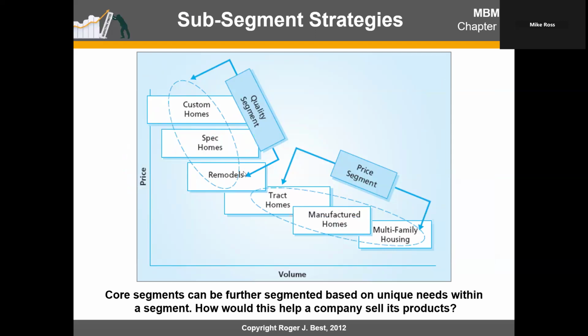Again, if we go back to siding here, we were looking at this more price insensitive, this quality segment. Where am I going to focus? Maybe I'm going to focus on custom homes, spec homes, and remodels, as opposed to this price segment where maybe multifamily, like condominium or townhomes, or manufactured homes or tract homes.